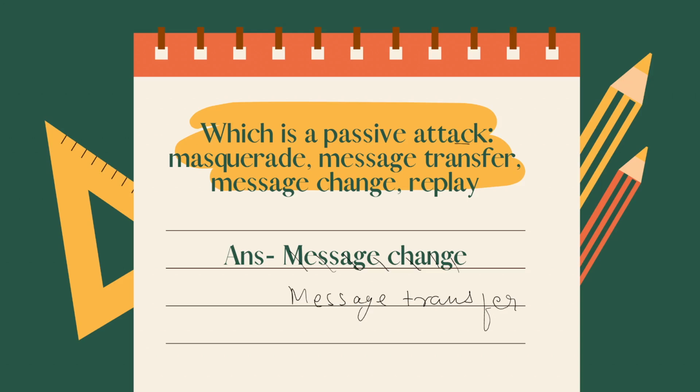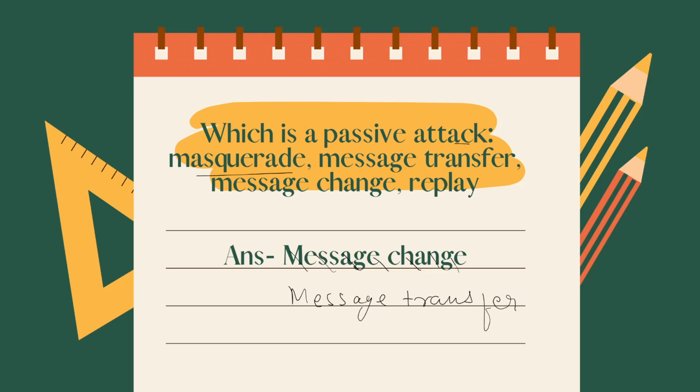As we are aware, masquerade is an active attack. Why is it so? When I am pretending to be someone else, I am actually doing an active attack. Pretending to be someone else, I can even make some changes on behalf of that person as well, right?